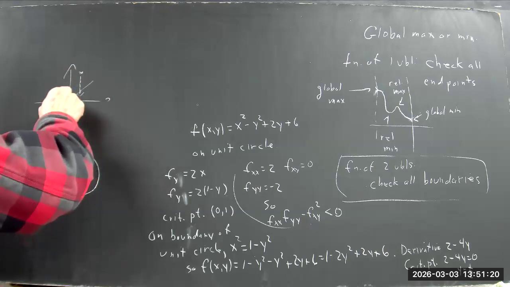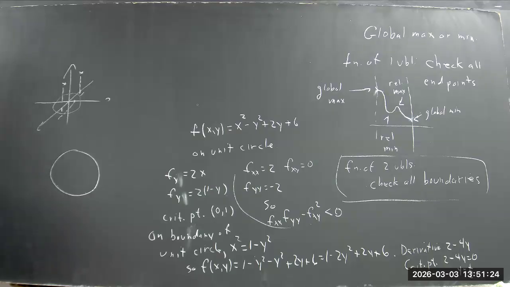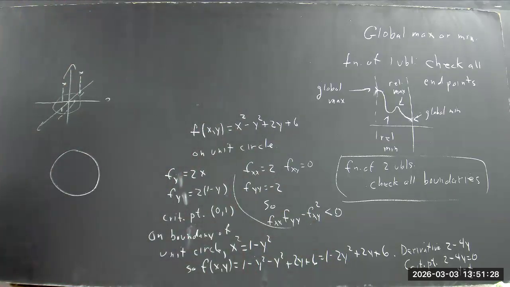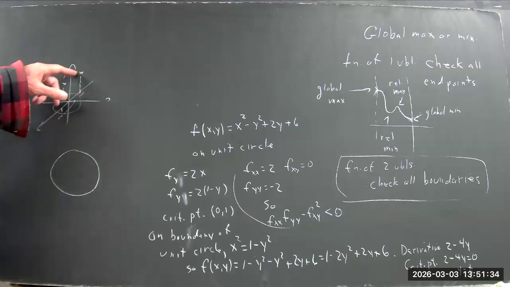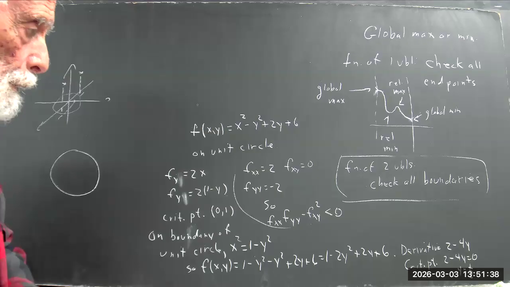So we'd have a point like here and a point like here. And then you could analyze the graph of this thing. It's simply a quadratic function, but it's going to have its maximum here and here. I'm not going to attempt to draw it right now.